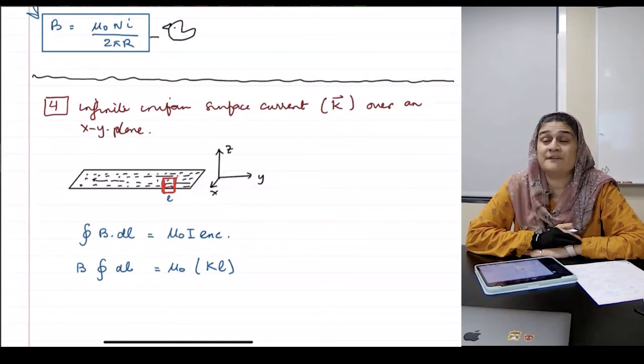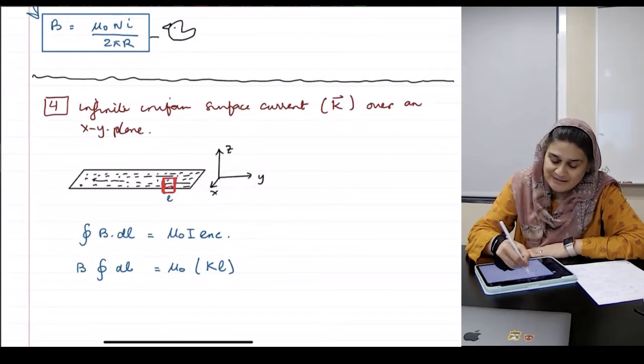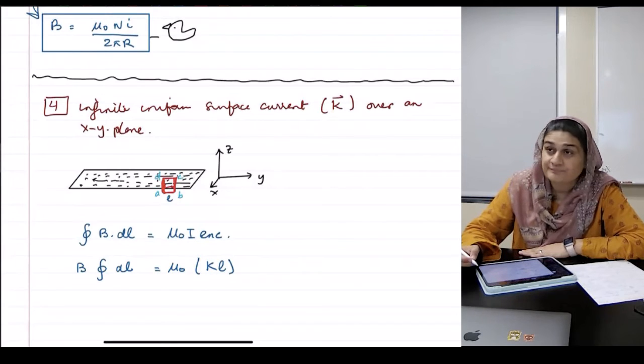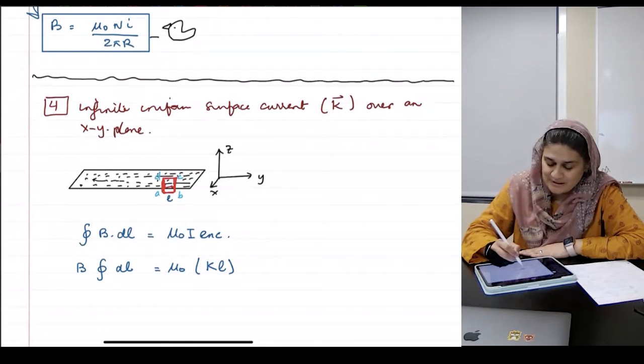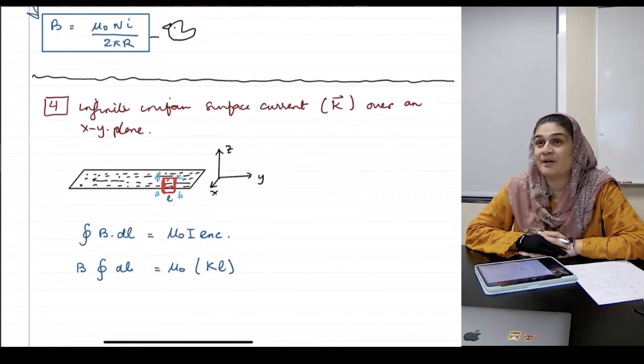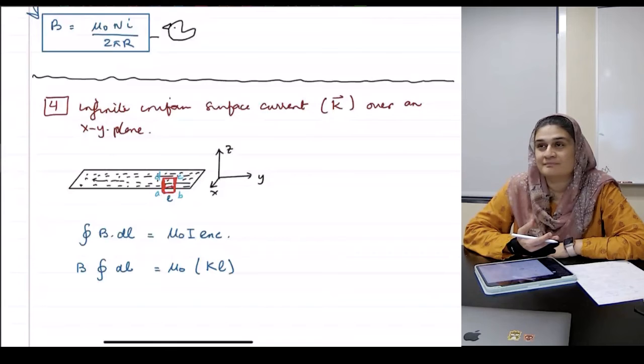Now, what is the B field for segments, let's say A, B, C, D? What's the B field in the segment A to B? Well, there's a B field there. What about for segments C to B? There isn't any. What about from C to D? Yes. What about from D to A?